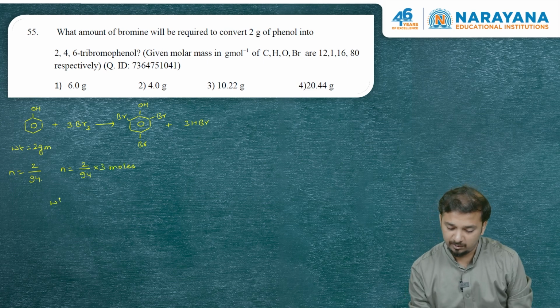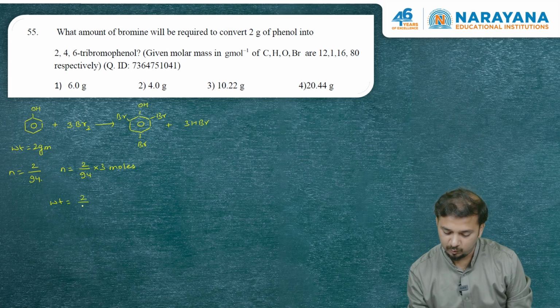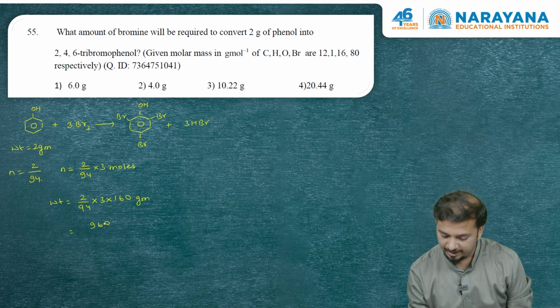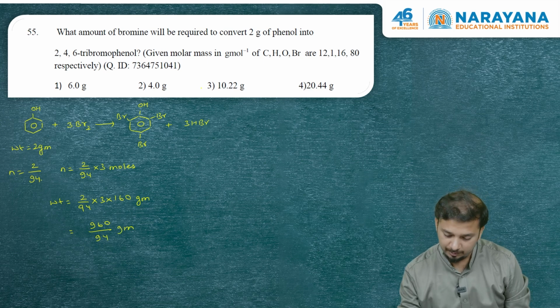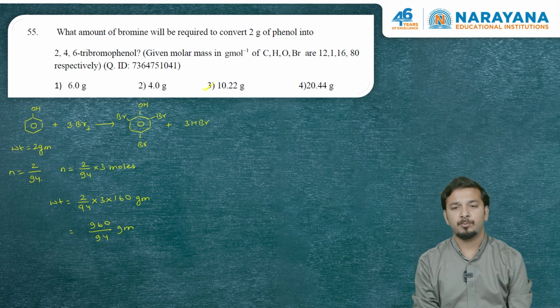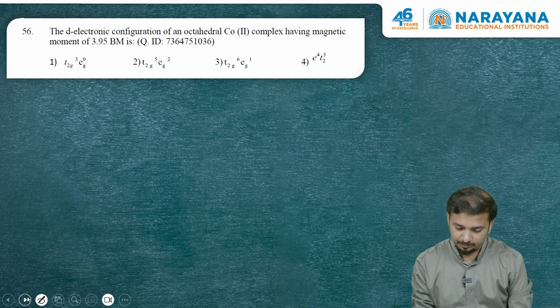So weight of bromine as per the question will be 2 by 94 into 3 into molar mass of bromine, which is 160 gram. So it will be approximately 960 upon 94 gram, which is approximately equal to 10.22. So correct answer for this question is 10.22 grams.